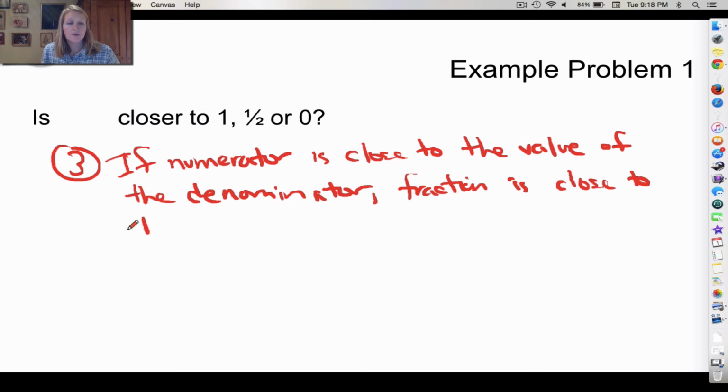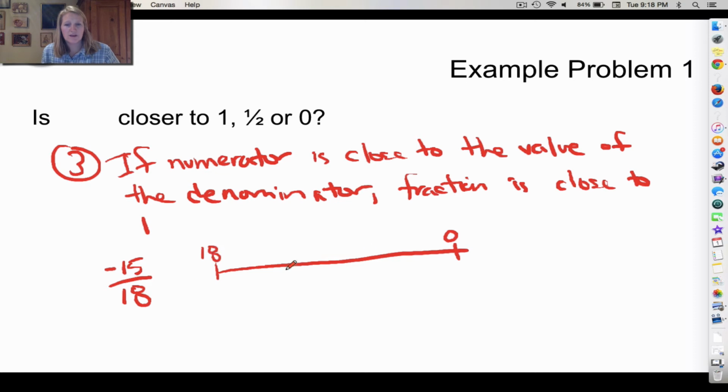Okay, and so let's look at the negative side. If you have something like negative 15/18ths, let's say, look at your number line again. Here is 0. Here is negative 18, so the denominator kind of determines where your number line goes.